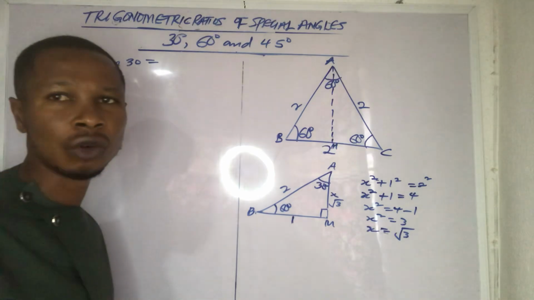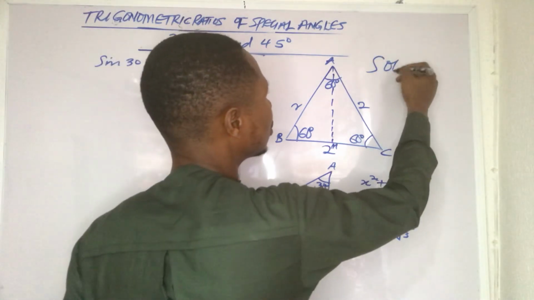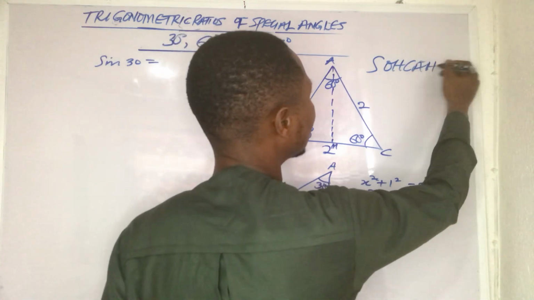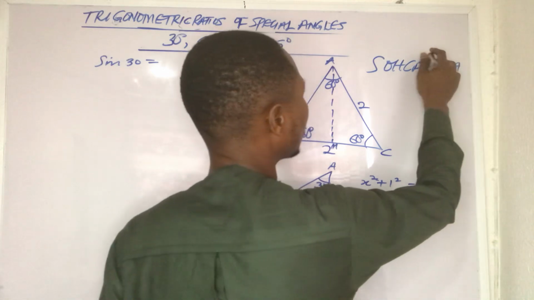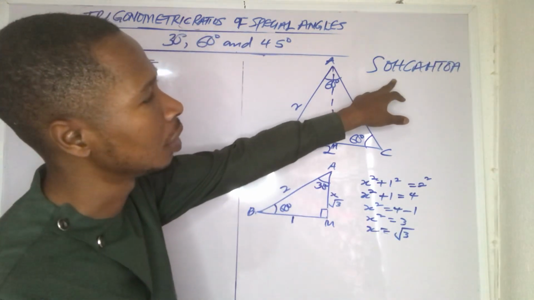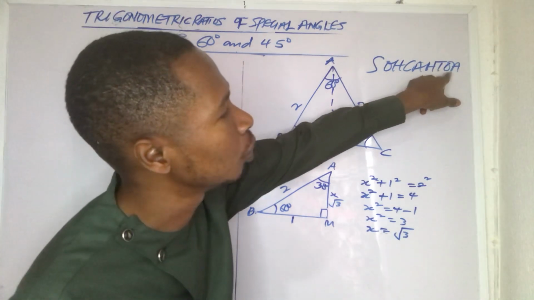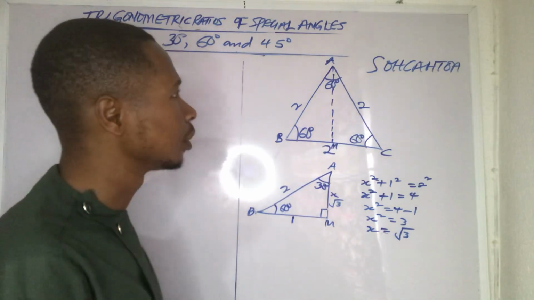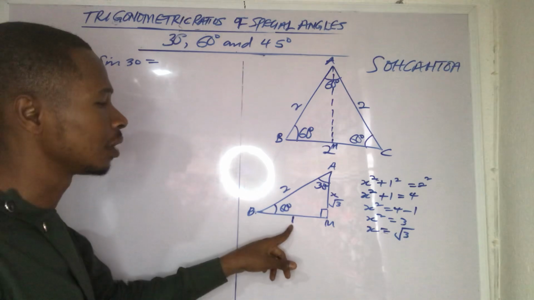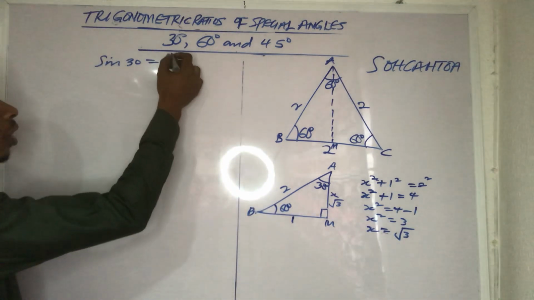Using our knowledge of SOHCAHTOA, that is, sine is opposite over hypotenuse, cos is adjacent over hypotenuse, while tan is opposite over adjacent. So sine 30 is opposite over hypotenuse. That will give me 1 over 2.